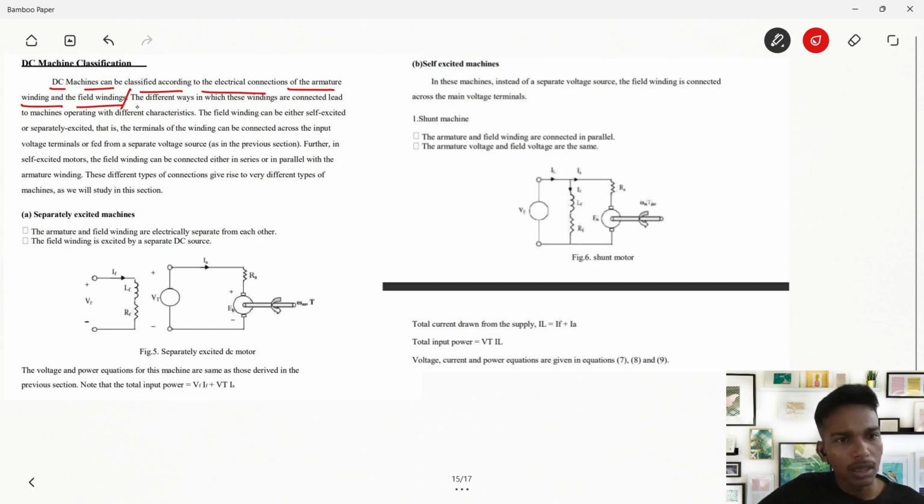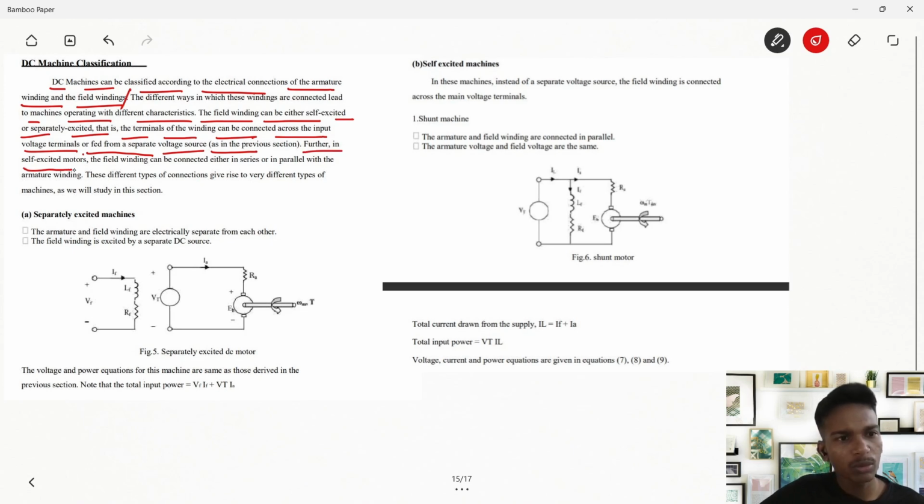The different ways in which these windings are connected lead to machines operating with different characteristics. The field winding can be either self-excited or separately excited. That is, its terminals can be connected across the input voltage terminals or fed from a separate voltage source, as in the previous section.